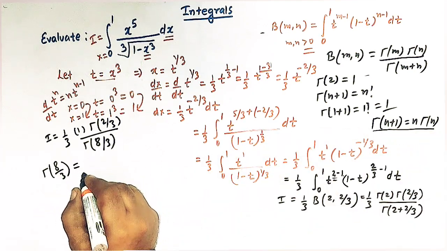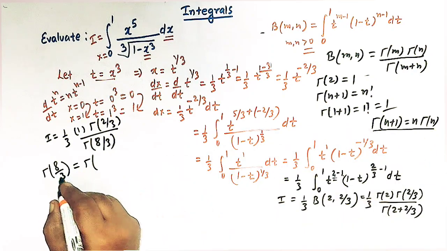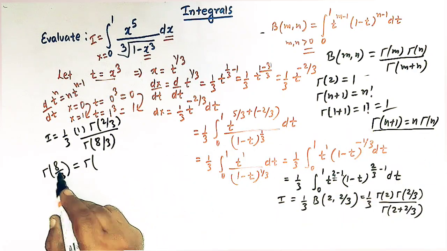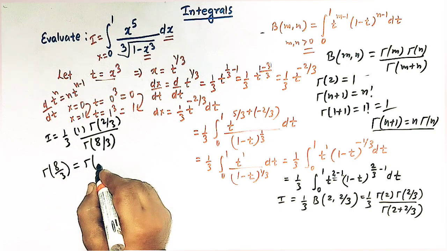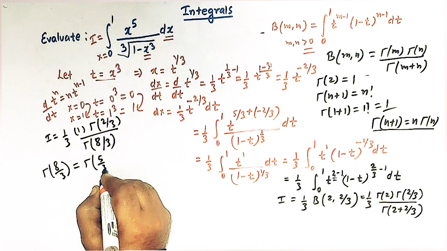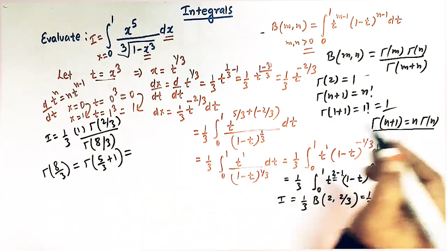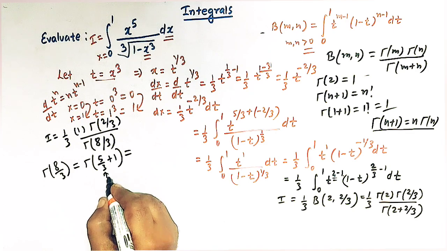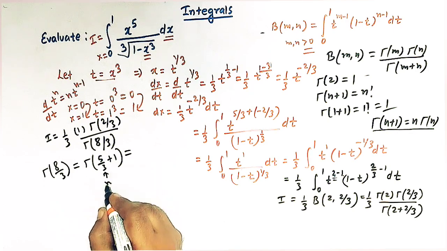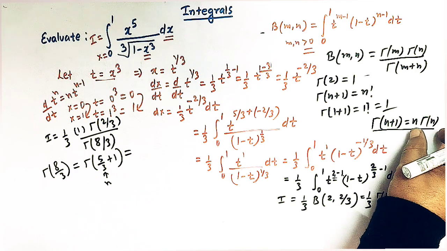So we can now write here we have a positive fraction, that is 8 over 3. So 8 over 3 can be written as 5 over 3 plus 1, that is of the form gamma n plus 1. So here n is a positive fraction, that is 5 over 3. So we can apply this rule.